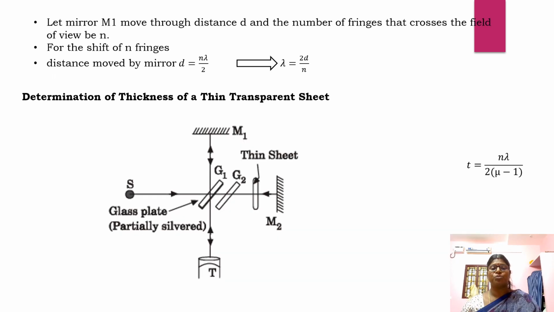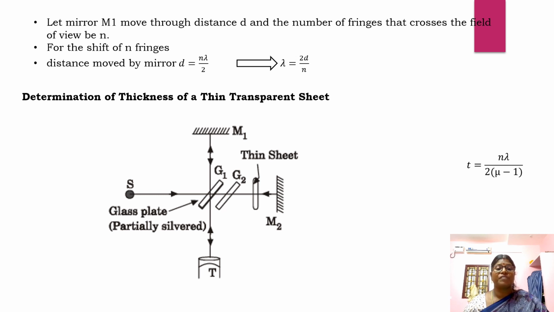Let M1 move through the distance D, and the number of fringes moving across the field of view be counted as N. For the shift of N fringes, the distance moved by the mirror is D. So D is equal to N lambda by 2, which implies the wavelength lambda is equal to 2D by N. So using the distance moved D and the number of fringes N, the wavelength of the source is calculated using the formula lambda is equal to 2D by N.